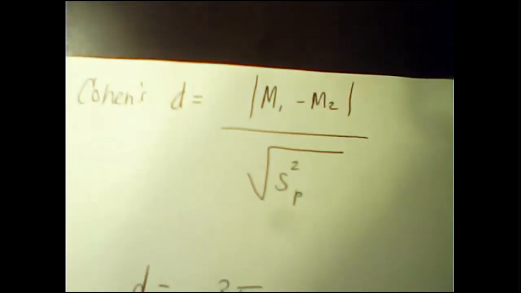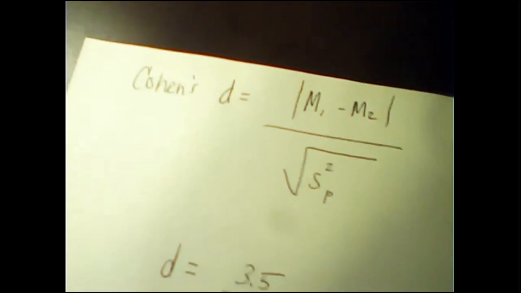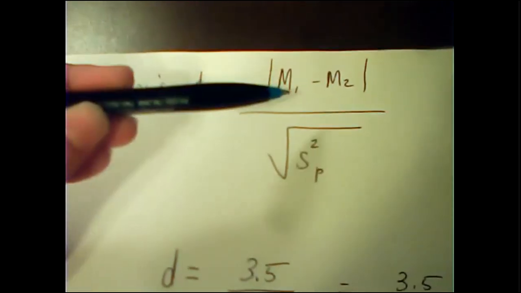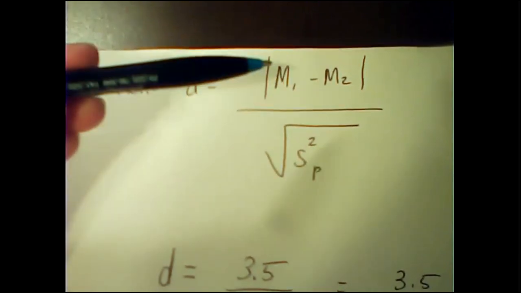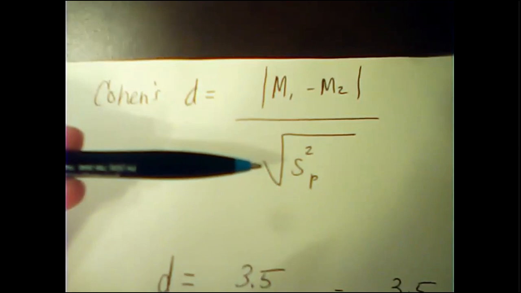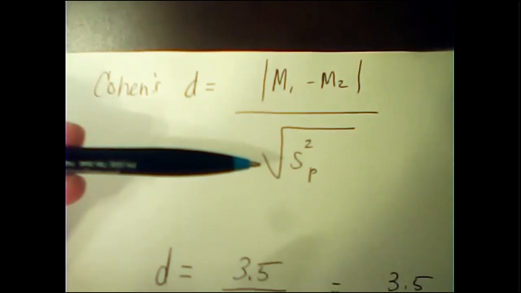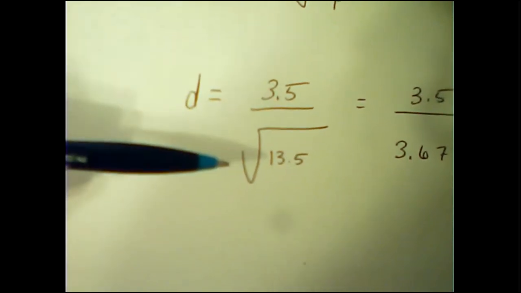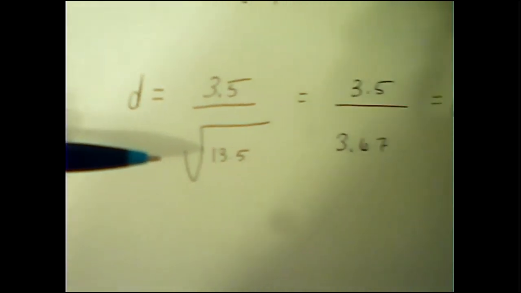What about Cohen's d? Okay, here's our formula for calculating Cohen's d. And again, pooled variance is part of this as well. D is equal to the absolute difference between group 1 and group 2. It's 3.5 points, divided by the square root of the pooled variance that we computed in the beginning. We end up with d equals 3.5 over the square root of 13.5.